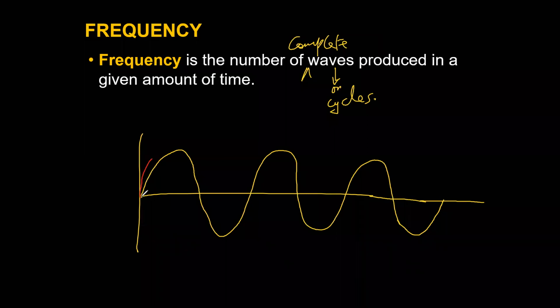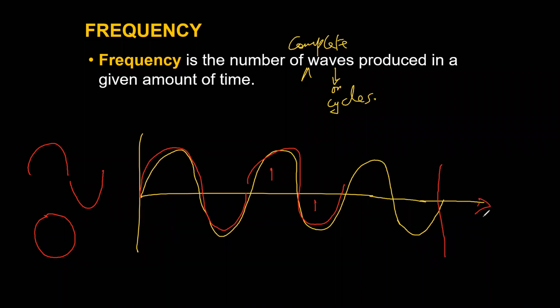From here to there, you have a semicircle and another semicircle, meaning that a cycle is simply like a full circle. Then this is 1, 2, that is 1/2, 1/2, 1/2. So those are 3. In case these 3 cycles are made in 1 second, for example, here we have the time, and then here we have 1.0 seconds, it means that our frequency is equal to 3 cycles per second.